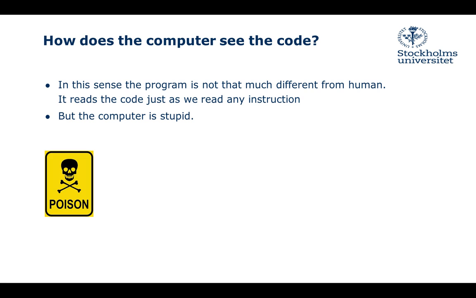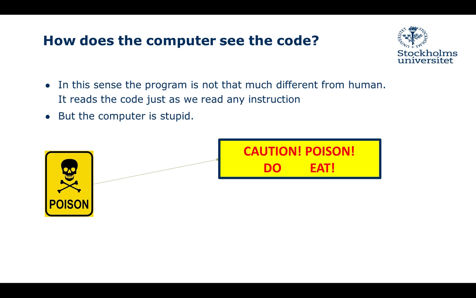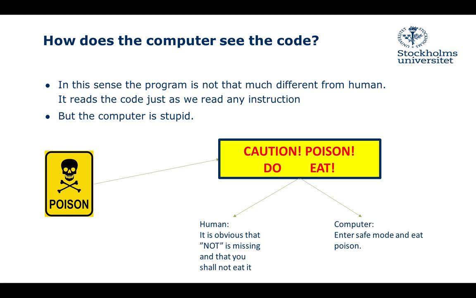Let's say you find something which has this sign on it, which is written poison. And on the back, you will see this thing. Caution poison, do eat. Well, for a human being, it's quite understandable that not is missing and you should not eat it. While for the computer, it means enter safe mode because there is the word caution, and eat the poison.